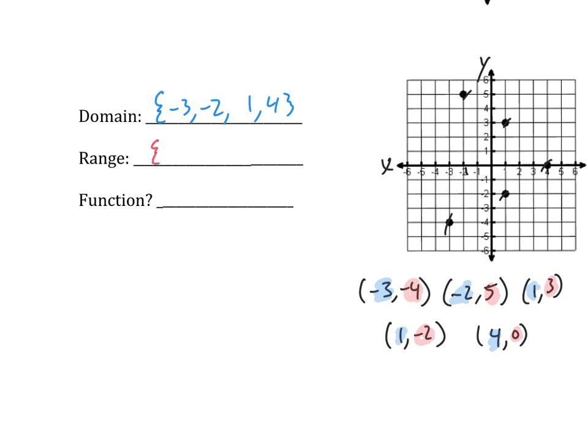So let's see, -4, -2, 0, 3, and 5. And in this case, we have 2 ordered pairs that have the same input, 1 and 3, and 1 and -2. So that means that this is not going to be a function.